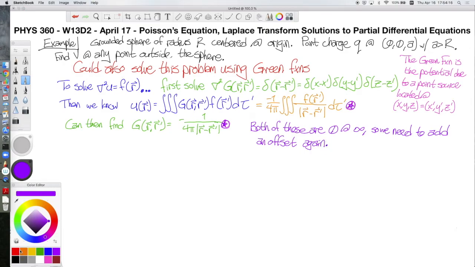But this time we're going to add an offset to our Green's function. So we are going to write our new Green's function in the following way. We're going to take our original Green's function and add to it a function capital F of r and r prime, where this new function F must satisfy Laplace's equation.